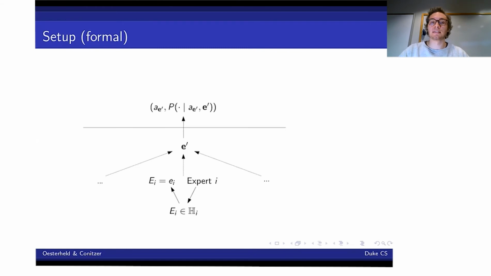So that's E prime. That's the optimal action given the evidence E prime. And the principal also gets this distribution, which is the prediction about A of E prime conditional on the reported evidence E prime.